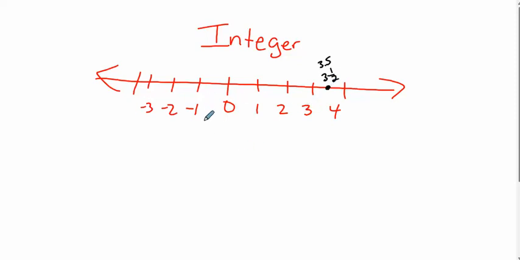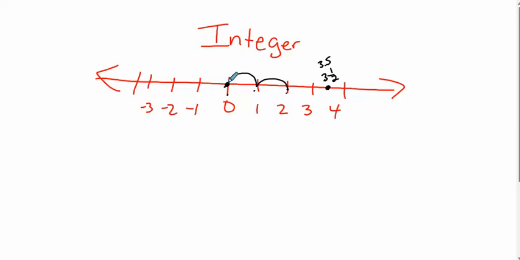Okay, so what they're going to start to talk to you about on the Desmos is moving along the number line. So what I want you to know is when you are moving along the number line, if I'm going from 0 and I'm moving 2 places to the right, you go 1, 2. You don't go 1, 2, 3.